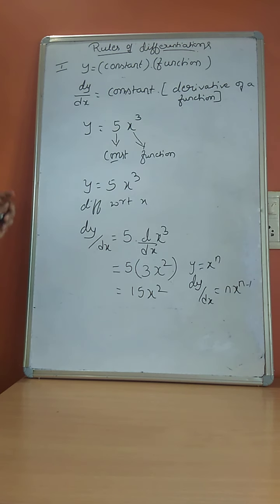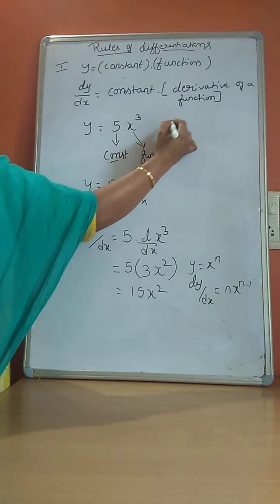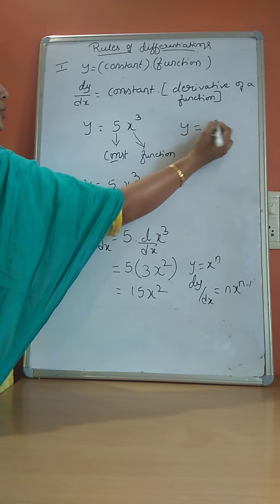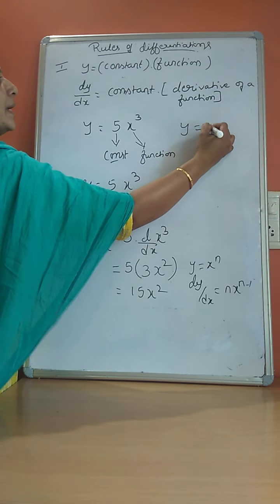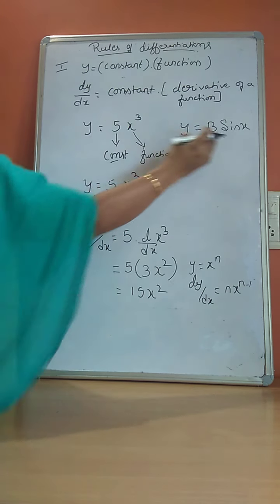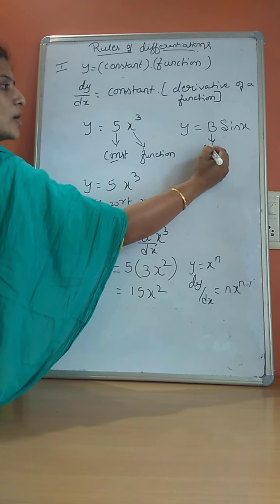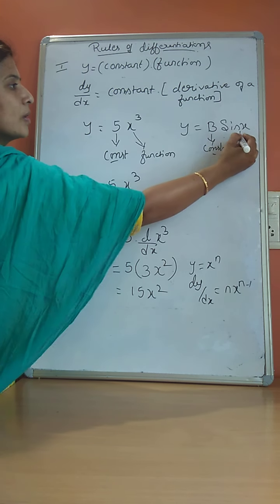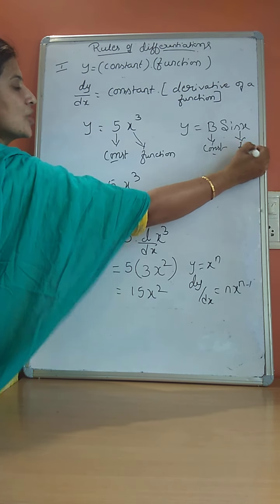In this way, we are going to find if the given function is y is equal to constant into function. Suppose y is equal to b into sin x, among them b is constant, is it not? sin x is function.